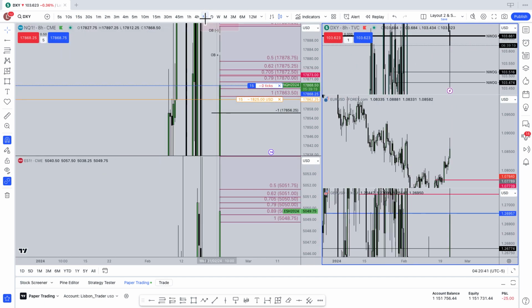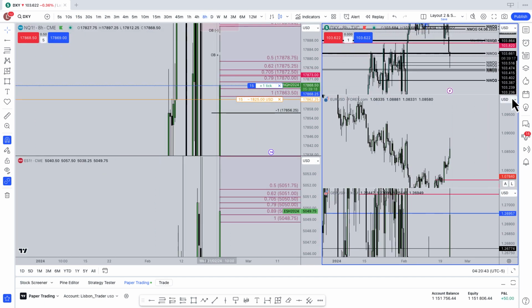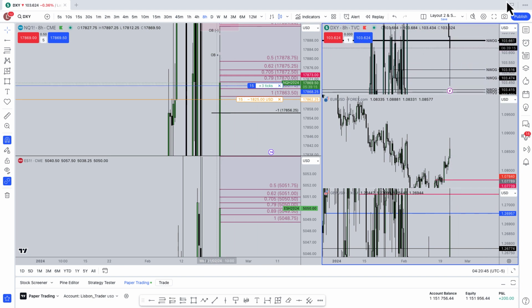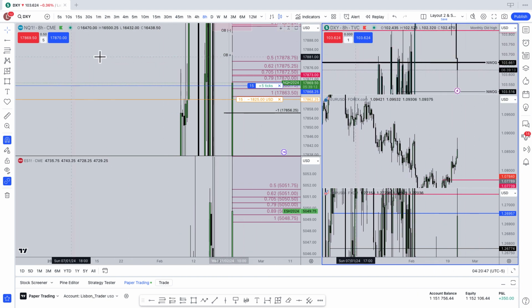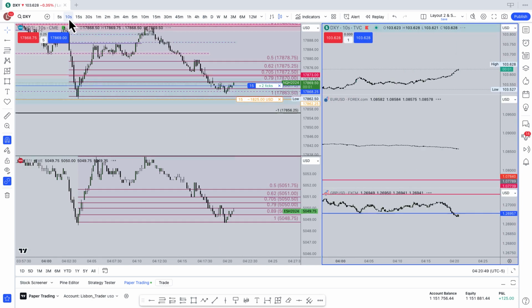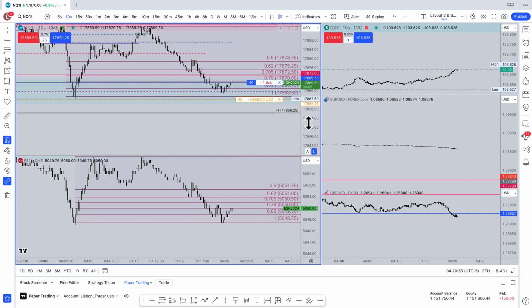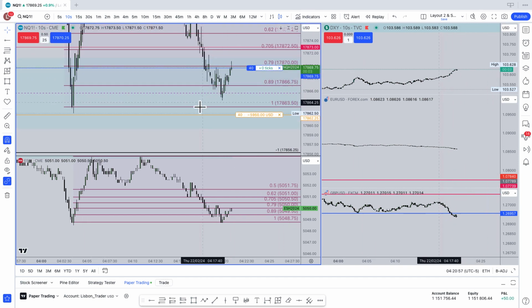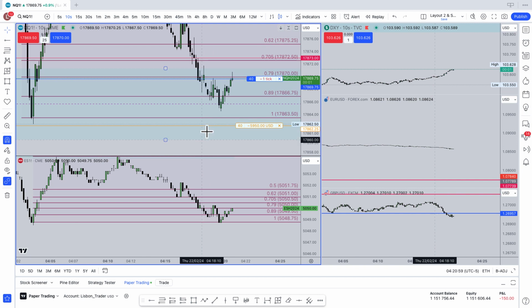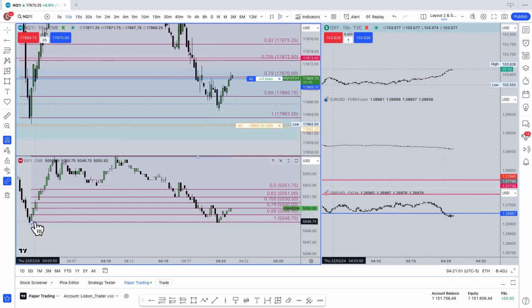DXY keeps on pushing with strength to this new week opening gap level, and I believe now we are set to move higher. We have seen smart money reversal, so let's see here.